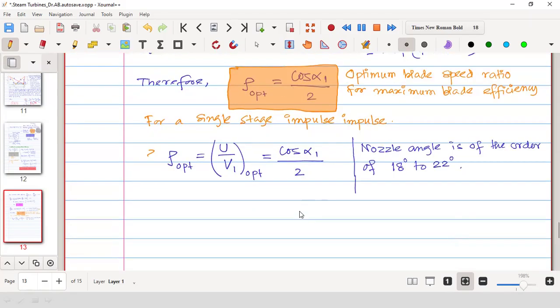Now, in that case, we have cos alpha 1 by 2. That means, what is cos alpha 1? Say, for example, if alpha 1 is 20 degrees, what is cos alpha 1? Can someone calculate and tell me?